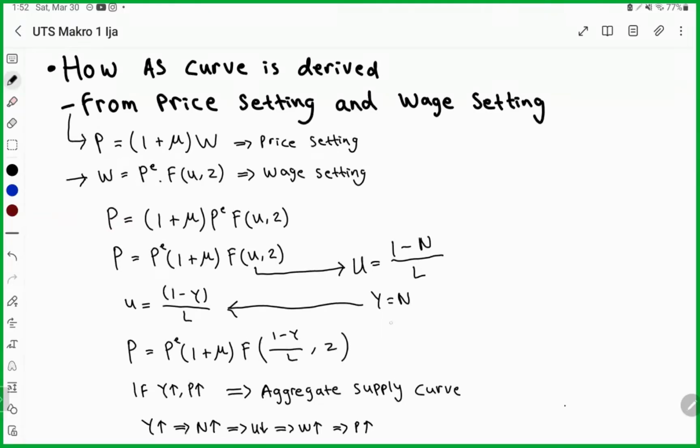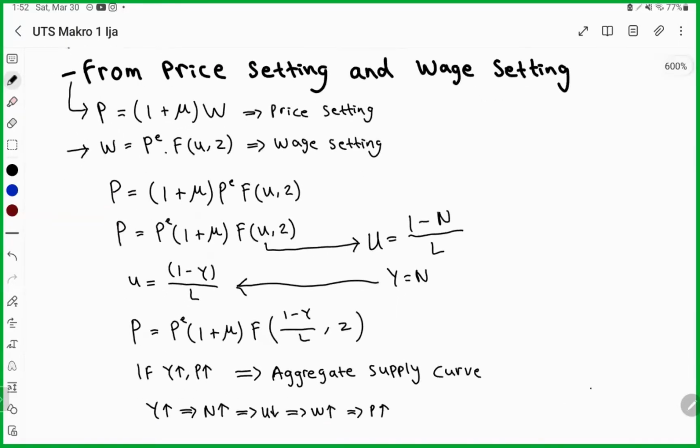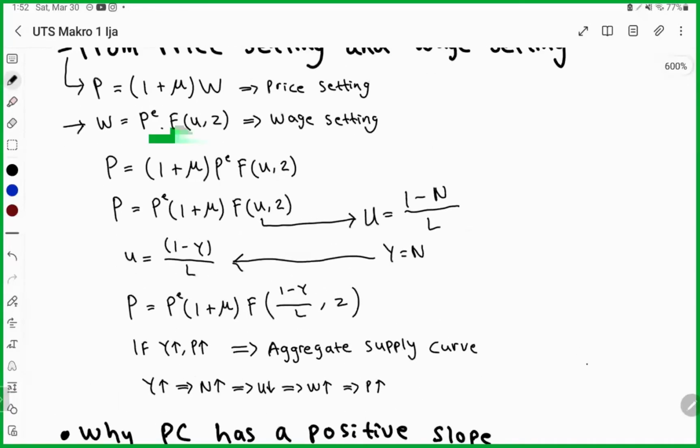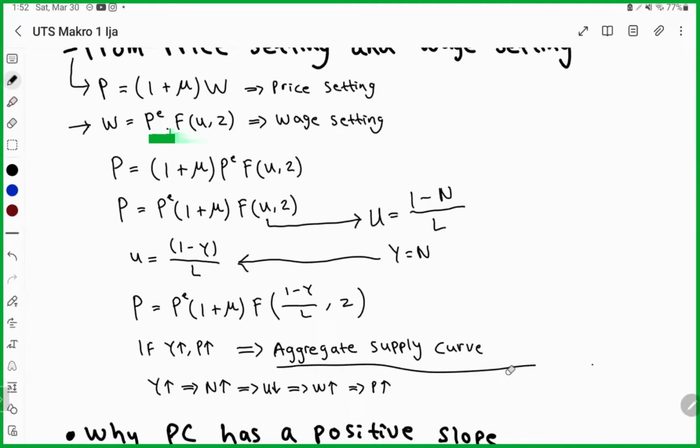So Y is equal to N. And then from here, we can substitute it into these equations. And from the unemployment rate equation, we can change this into this. And then finally, we found the aggregate supply curve equation.